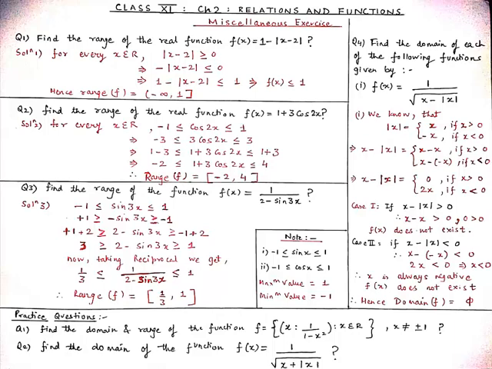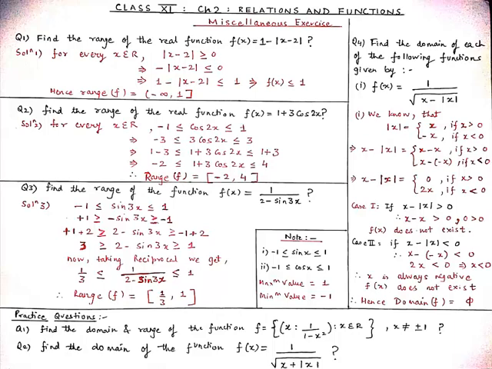Now our third question for today is: find the range of the function f(x) = 1/(2 - sin 3x). As I have already told you, the range of the sine function is from -1 to 1 in closed interval.